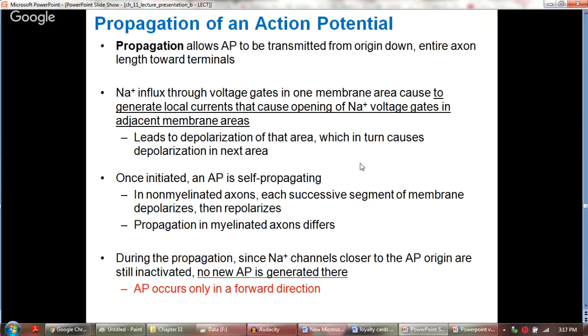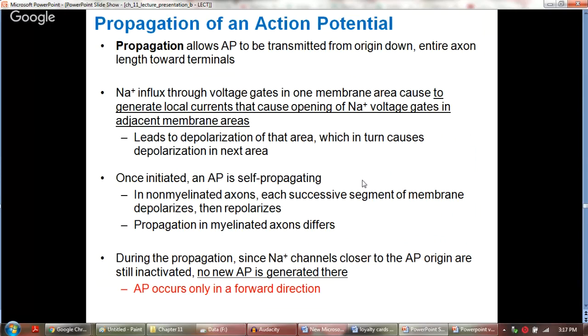As we have seen in a previous slide, a current is created, and that current leads to opening up of voltage-gated sodium ion channels in the adjacent area, and that leads to depolarization of the next area and so on. So once initiated, an action potential is said to be self-propagating.